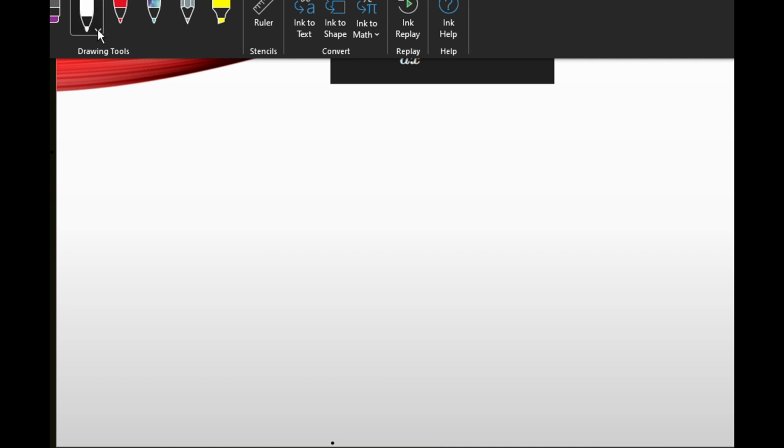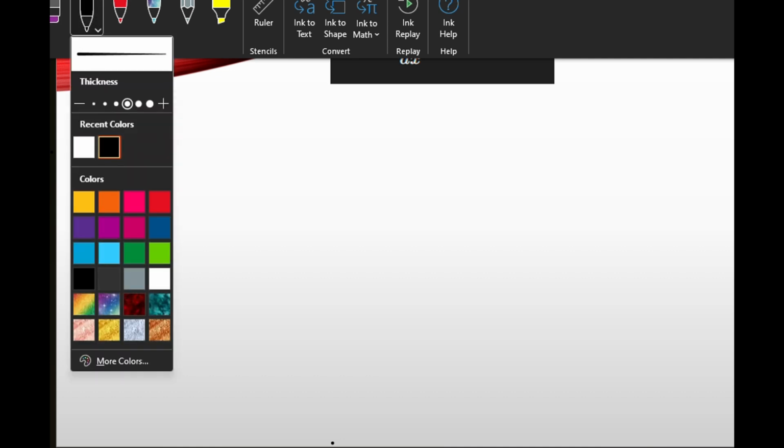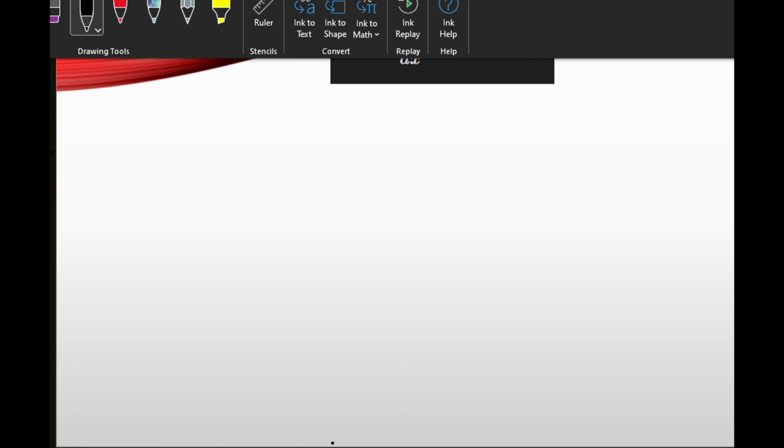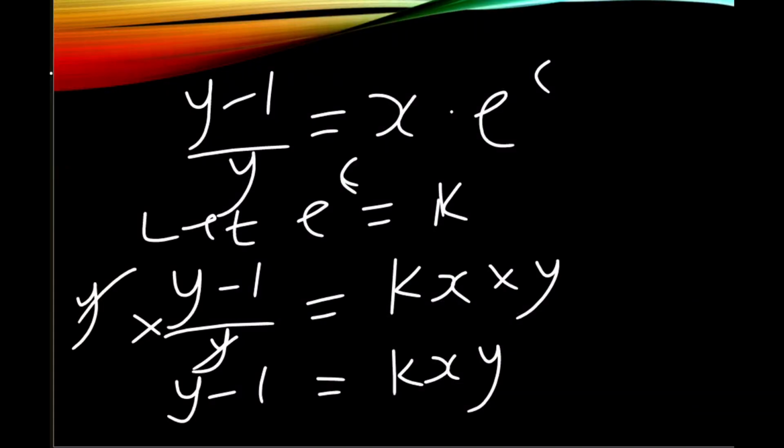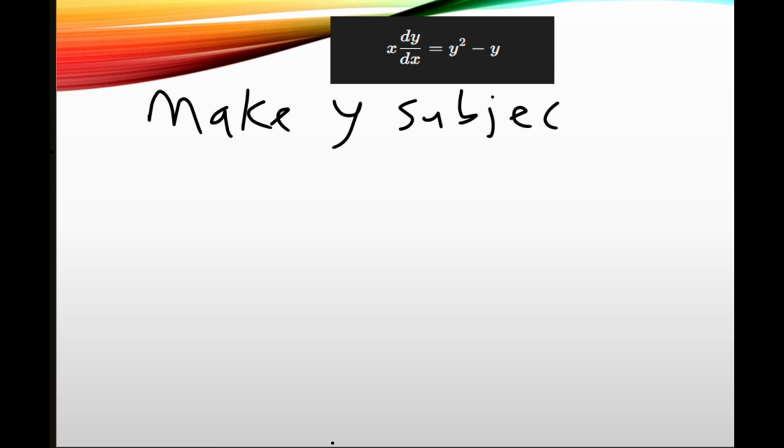Okay, let me select the black marker so it becomes visible. So this is what we have: y minus 1 equals kxy. We are going to make y the subject here, so take note of that. That's what we're actually looking for.